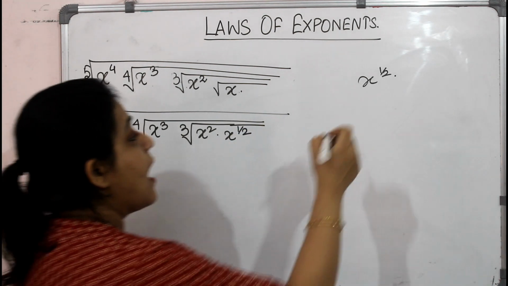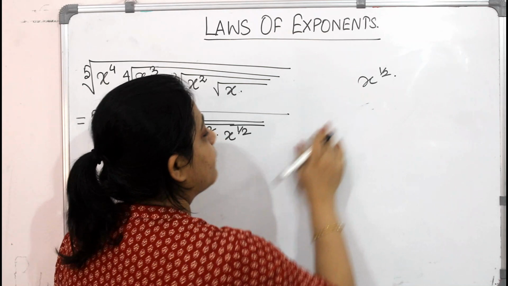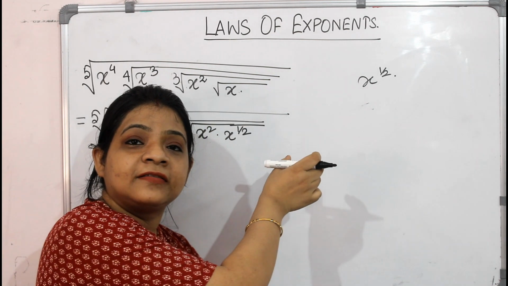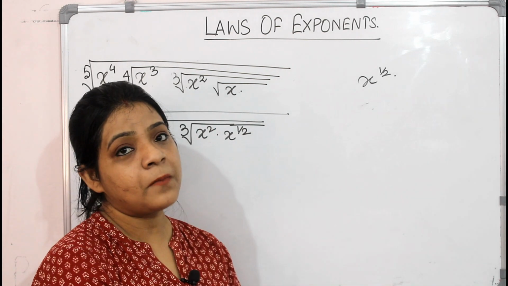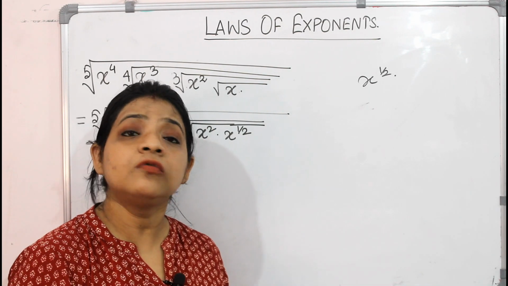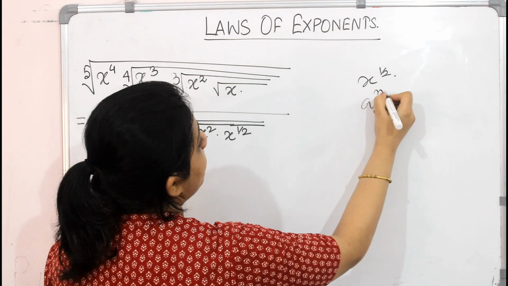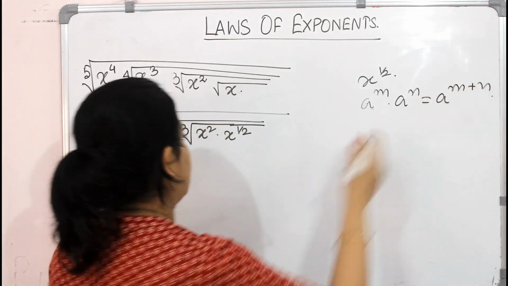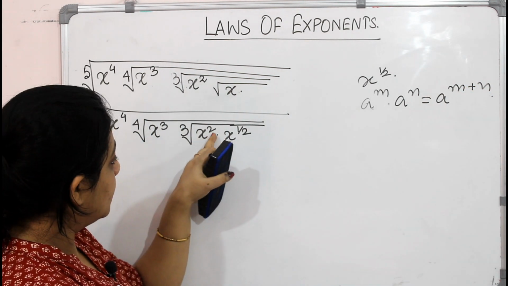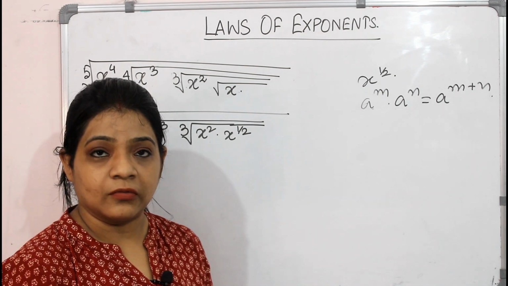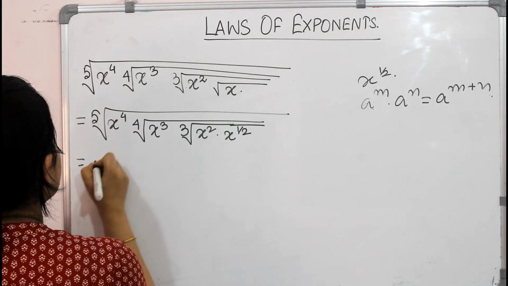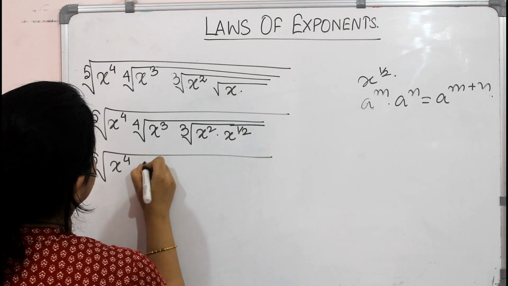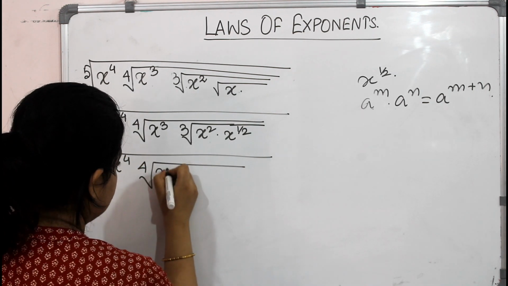Now you see, x to the power of 2 into x to the power of half means it has the same base but different power. Now what formula you will use for this? A to the power of m into a to the power of n, that is a to the power of m plus n. That is, you will add these two powers. So let's add these two powers. We will write fifth root of x to the power of 4. Under this you are having x cube.